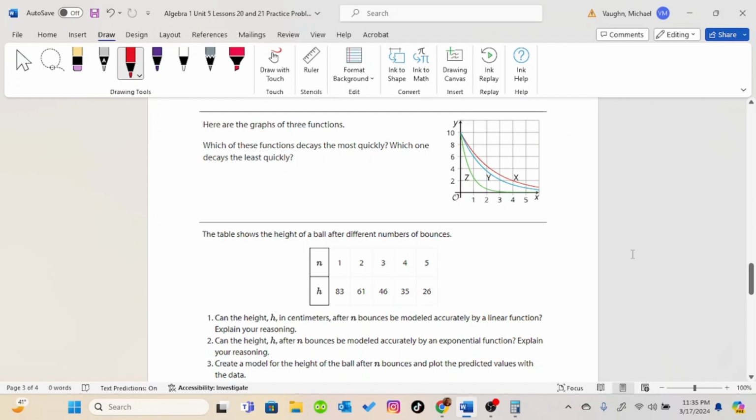Here are the graphs of 3 functions. Which of these functions decays the most quickly?